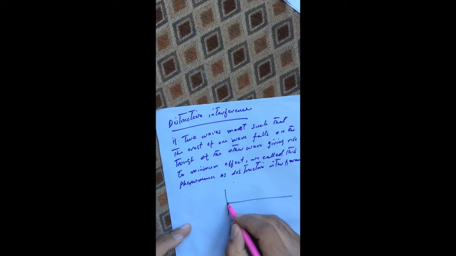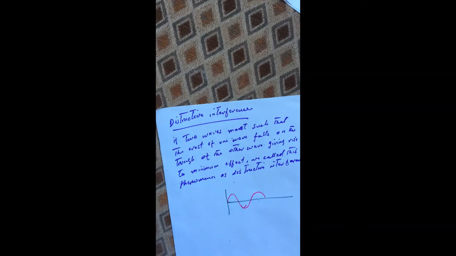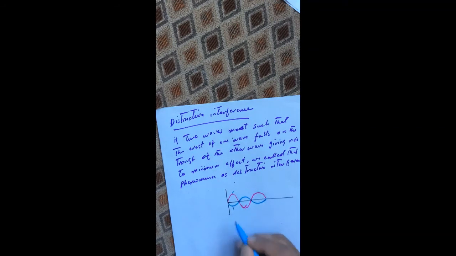Suppose we have two waves. This is wave 1 and we have another wave which is like this. Now the crest of the first wave falls on the trough of the second wave. I call this wave 1, which has amplitude y1, and this wave 2, which has amplitude y2.